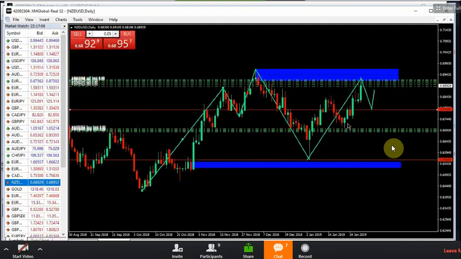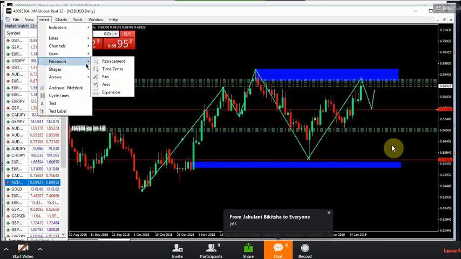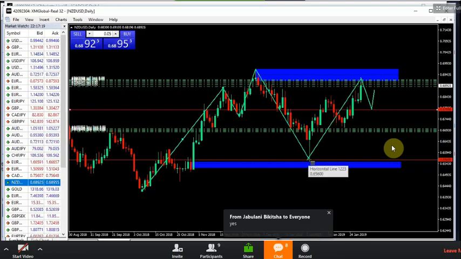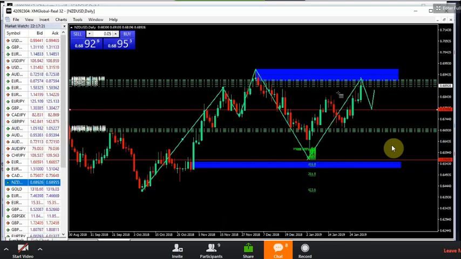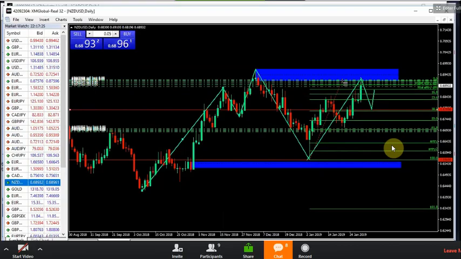Okay. So since now I know that I'm expecting price to come back to this level, what I need to do is use my Fibonacci. So we are in an uptrend again here. Drag it all the way up there.